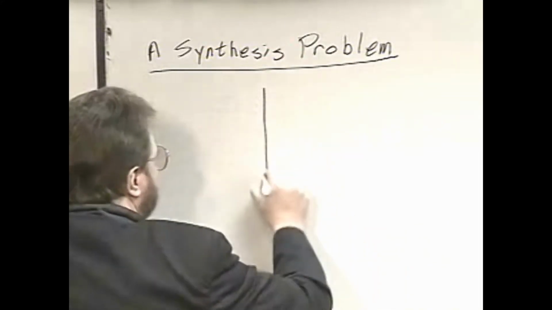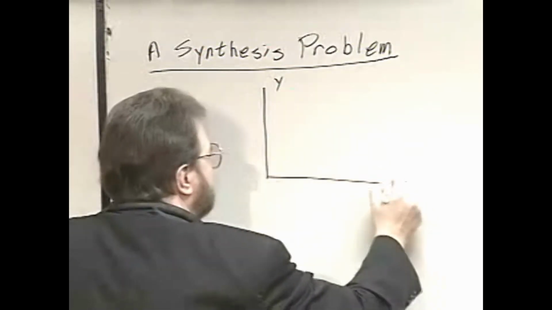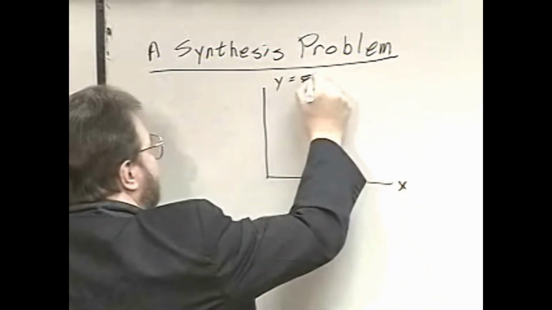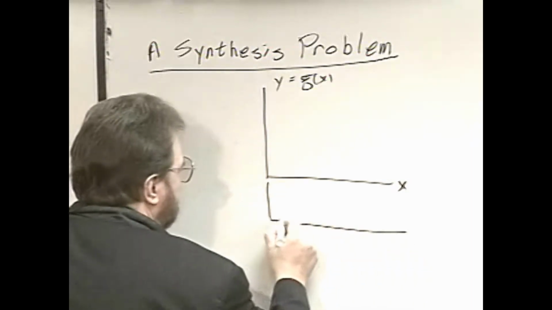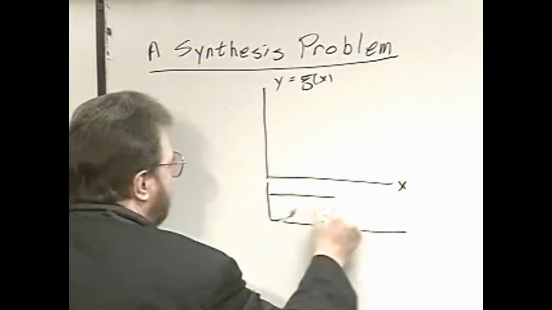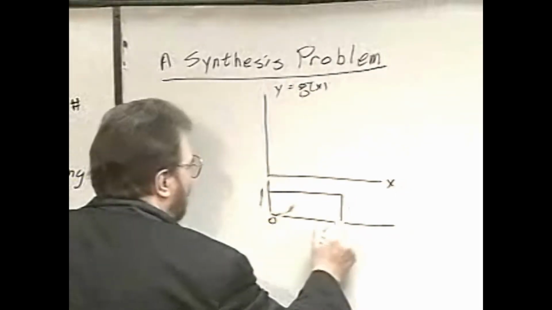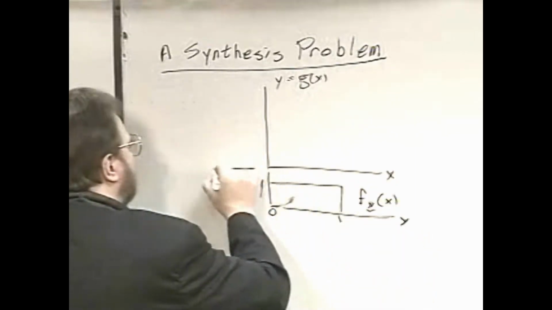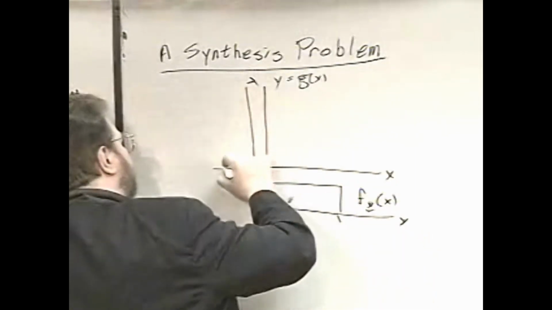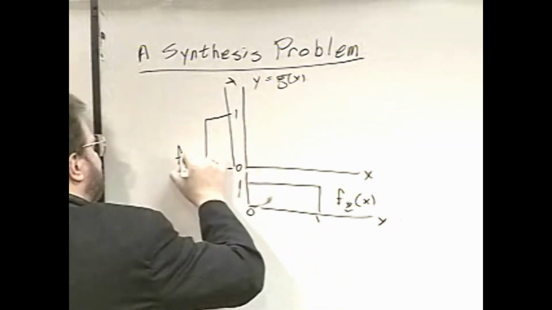For example, suppose I had my function here, y is equal to g of x, and this is x. I wanted a uniform density function from 0 to 1, and over here sideways, this is my density function for my transformed random variable, also from 0 to 1.